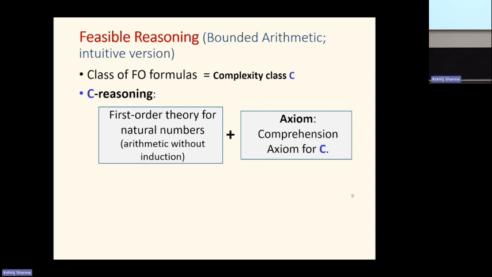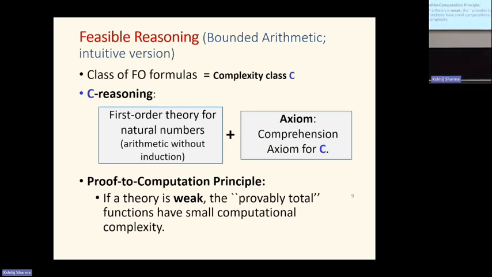And I'm going to add another axiom, which I call the comprehension axiom for C. I'll show you the definition; it's just the axiom that says that a set exists in my world if it is definable in the complexity class C.